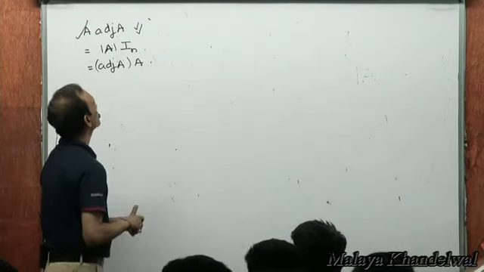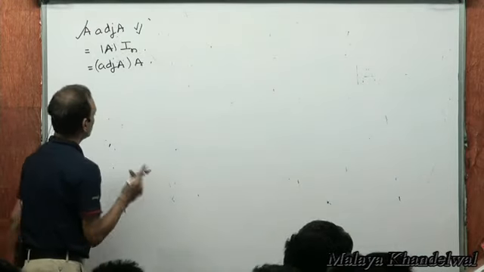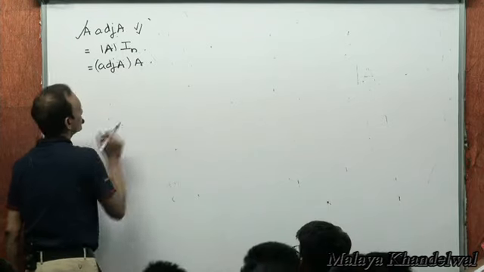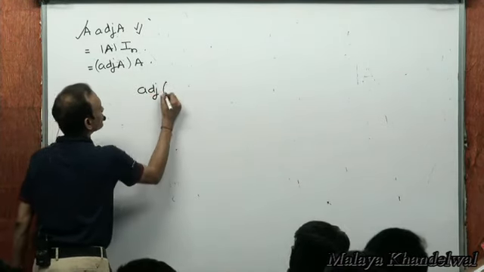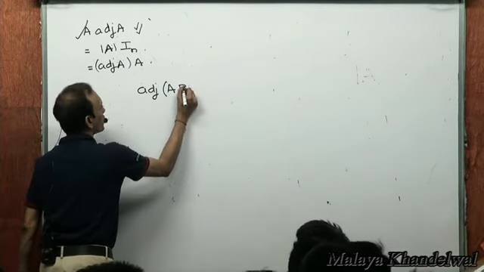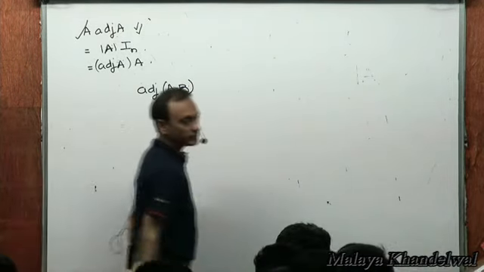Now, adjoint of AB. A and B, let's say, are two square matrices of order n.